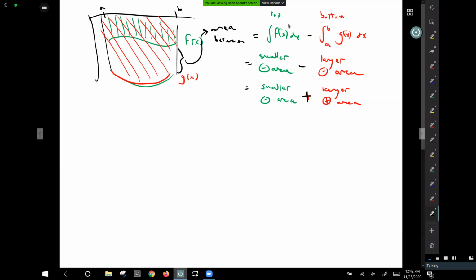So you're really taking the bigger area in the positive, correct sign, and taking away the smaller area, and you end up with the area between them. It doesn't matter whether you've got functions above or below the axis. You can always subtract the bottom one from the top one, and you get the area trapped between the functions. So let's pause here, and then we'll work a bunch of examples of this.